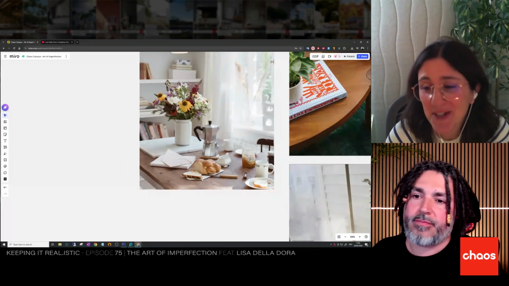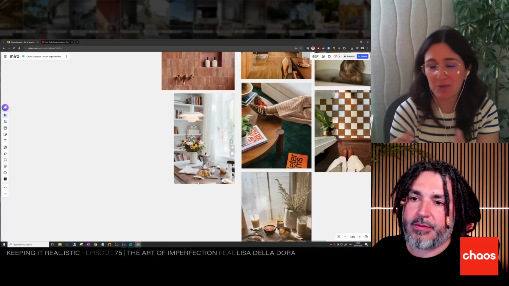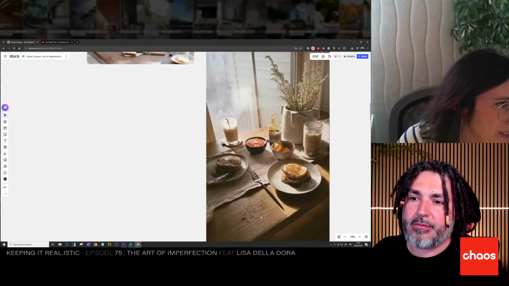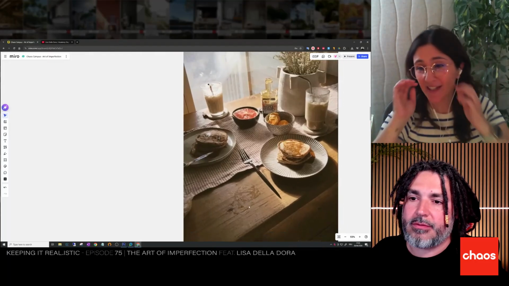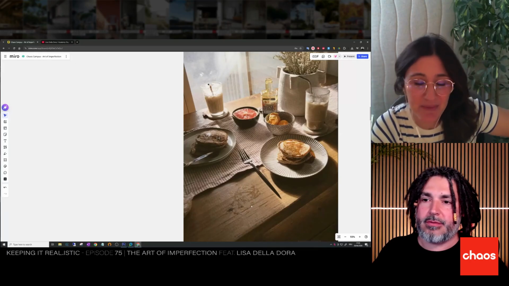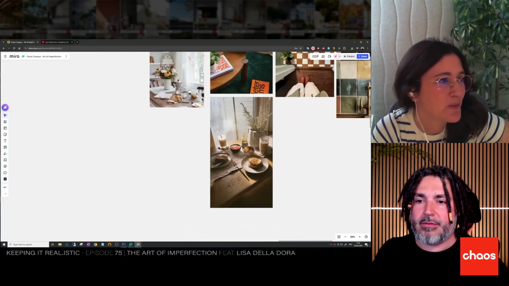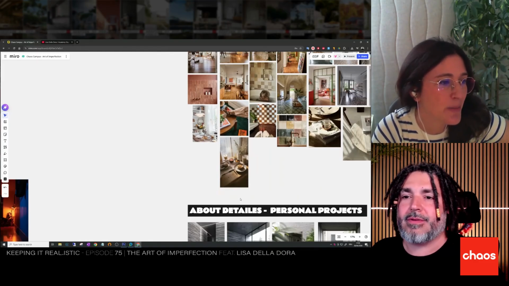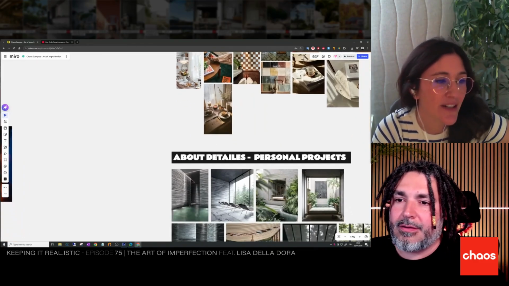Basically, of course, if we were here together, I would make you notice them in real life. But noticing stuff in real life really helps you recreate them when you're working on your images. So for me, it's a lot about things that are not perfect.